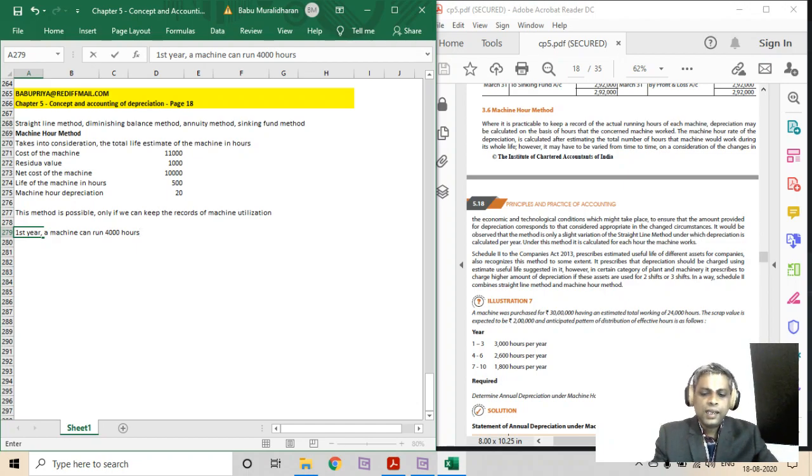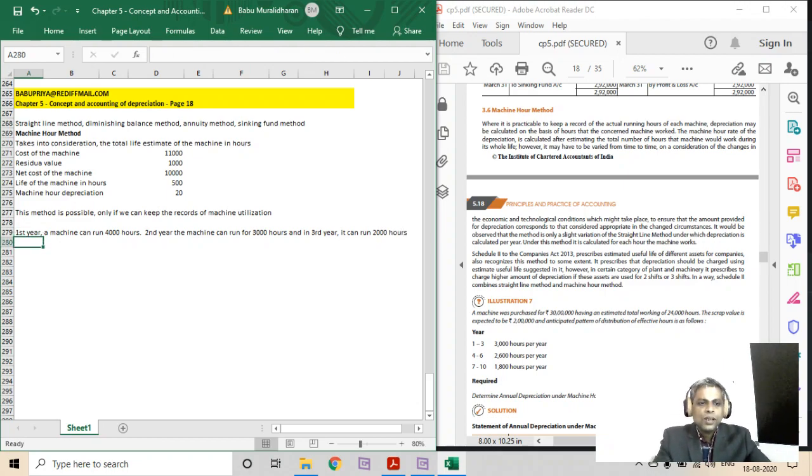In the second year the machine can run for say 3,000 hours, and in the third year it can run 2,000 hours. So the total hours is equal to 4,000 plus 3,000 plus 2,000. That's 9,000 hours.